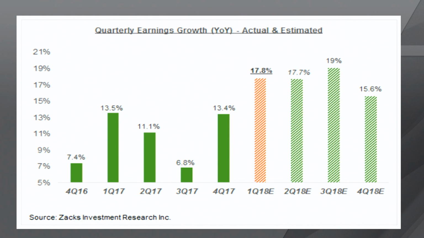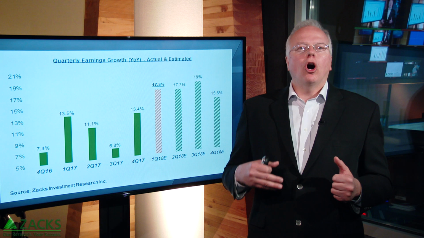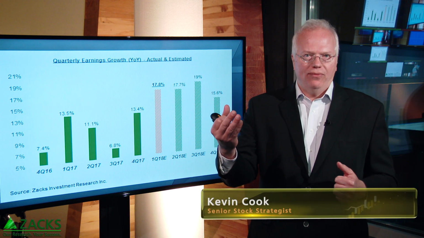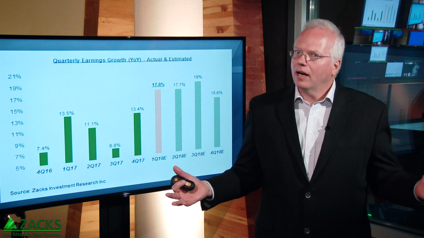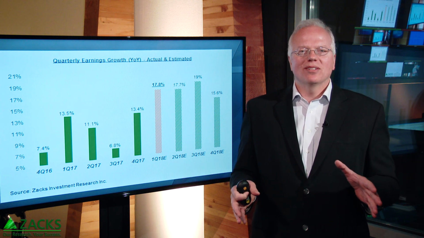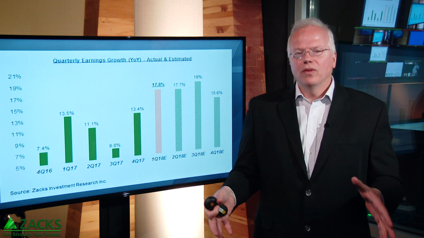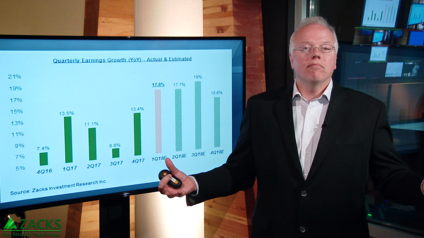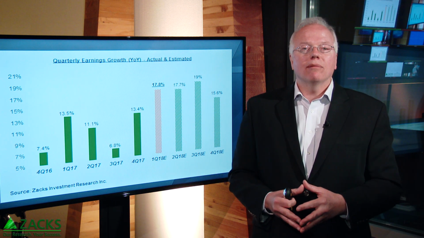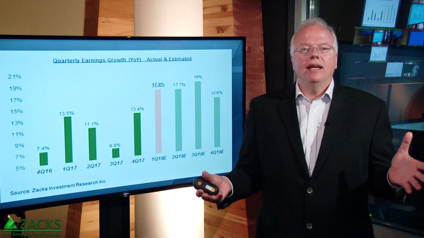Based on the reports we've already gotten, that number is already above 18.5. So the beats are coming in. The beats are hot this earnings season. And so this is going to be a really strong earnings season. And who knows? It may create a bottom for us here. I mean, really, that's what we need.